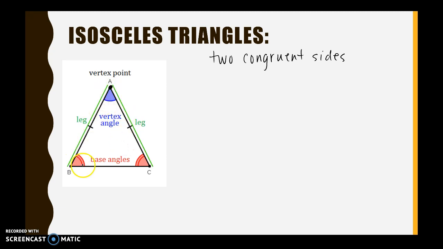The base angles are the angles that are opposite the congruent legs. And then your vertex angle would obviously be the angle formed at the vertex. Okay, notice we have our markings on there for our congruent legs. So familiarize yourself with what those markings look like on an isosceles triangle.